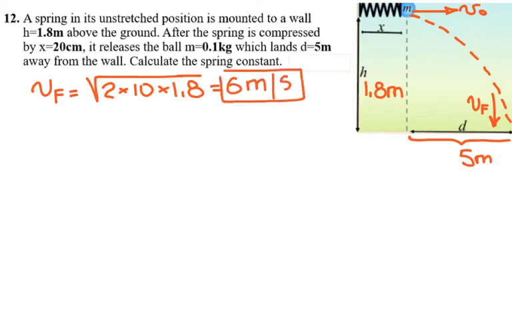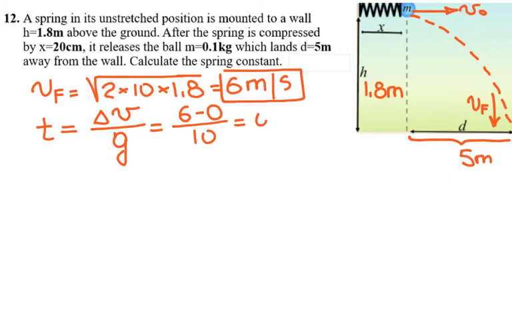If it hits the ground at 6 meters per second, then the time it takes to fall on the ground is the change of the vertical velocity over acceleration, and that is 6 minus vertical initial, which is 0, divided by 10. So in 0.6 seconds the ball is going to hit the ground. I can calculate the initial velocity now.